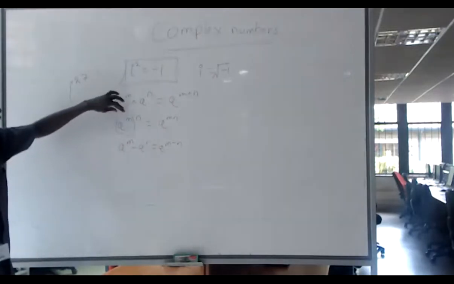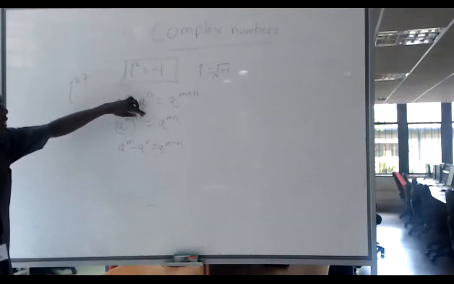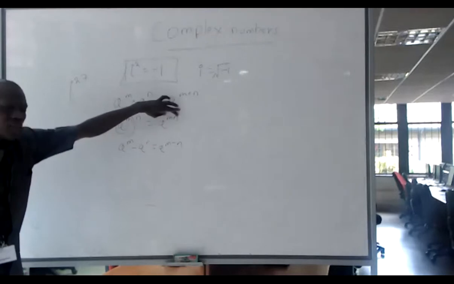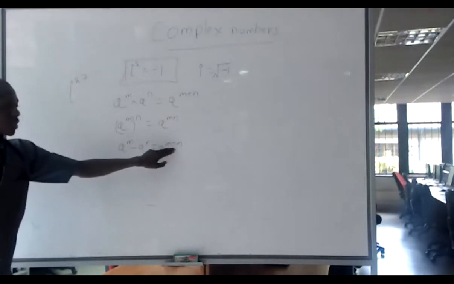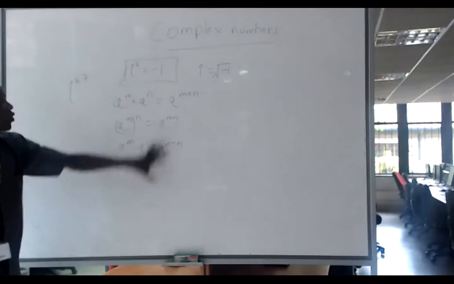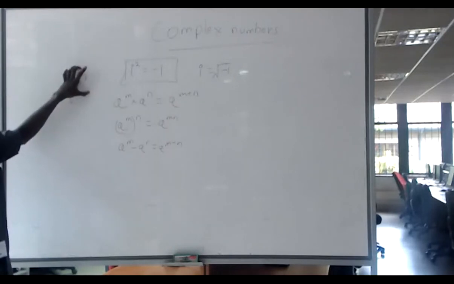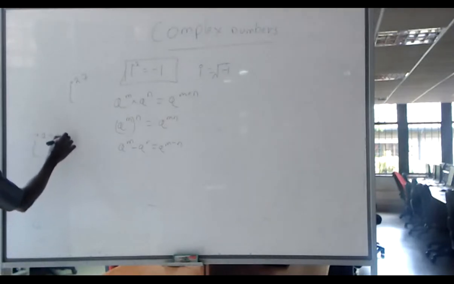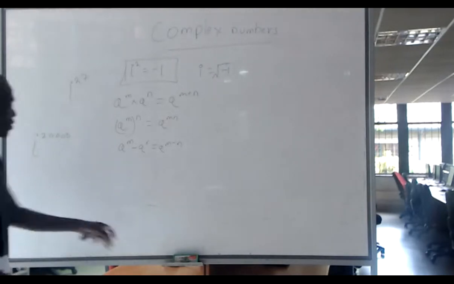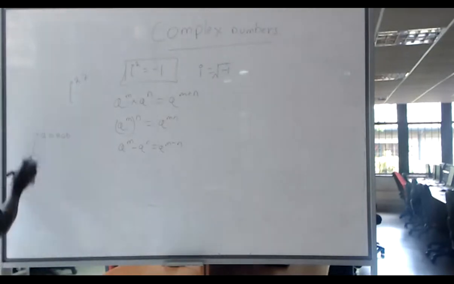If you're raising an exponent to another exponent, maintain the base and multiply the exponents. If you're dividing, simply subtract the exponents. This is all you need to deal with problems like this. Once you know this, I can even ask you to compute I power 20,000 or 26,000 or a billion or a million or a trillion.